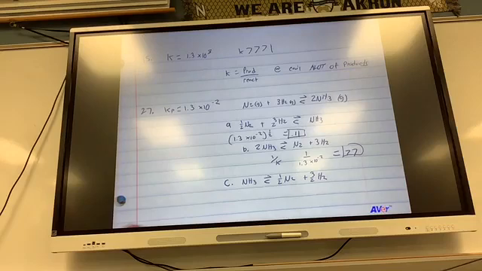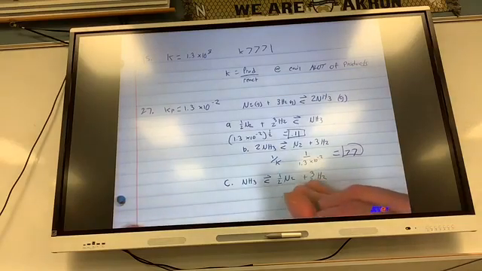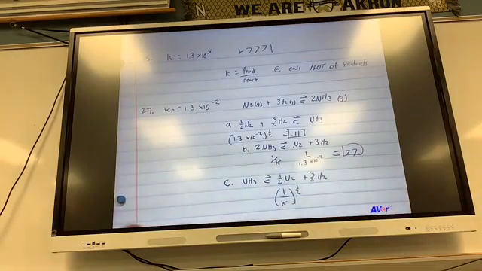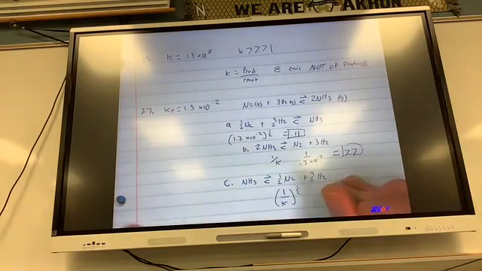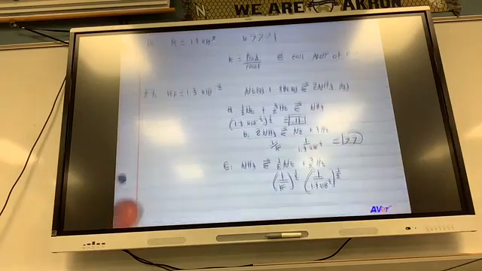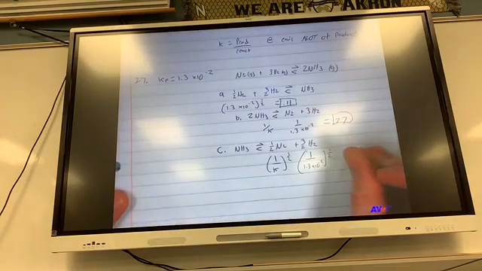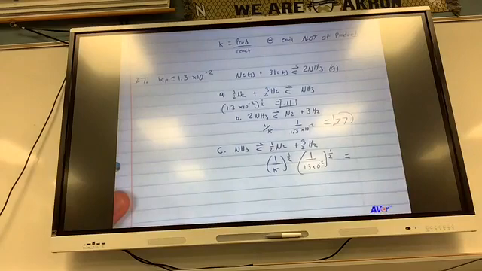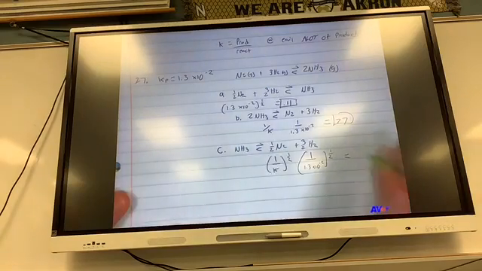So that means it's going to be still 1 over K to the power of 1/2. So that means 1 over 1.3 times 10 to the negative second, that whole thing, square root for C. And on that, you should end up with 8.8.